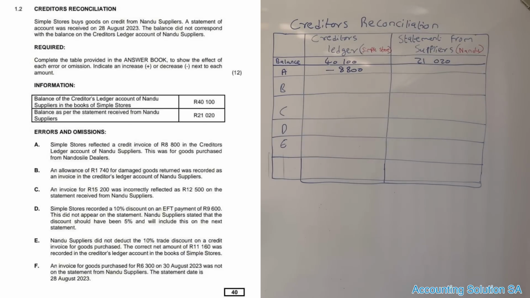Number B, an allowance of 1,740 for damaged goods returned was recorded as an invoice in the creditors ledger account of Nadu Supplier. Guys, here we returned goods, but this was recorded as a purchase.